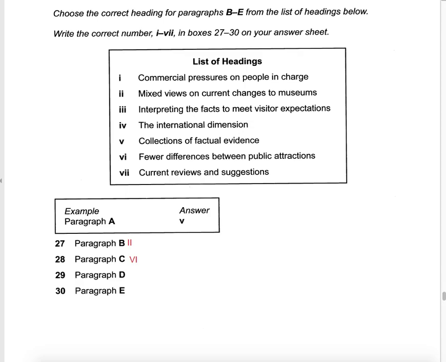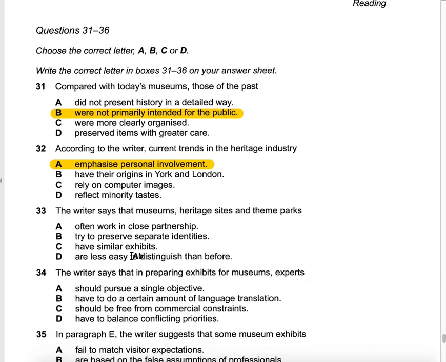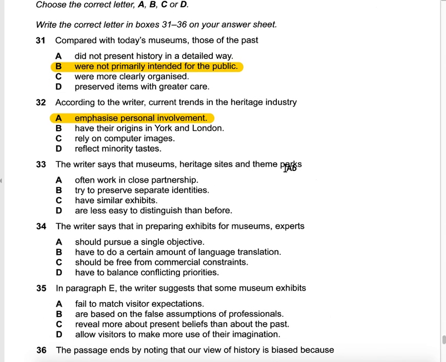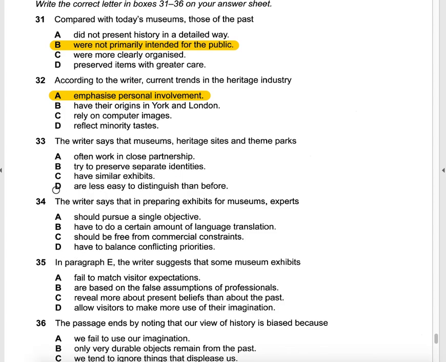What about museums, heritage, and theme parks? Often work, try to preserve. Definitely D again. This one here is D. Why? Let's see. 33. Are less easy to distinguish means tell apart.